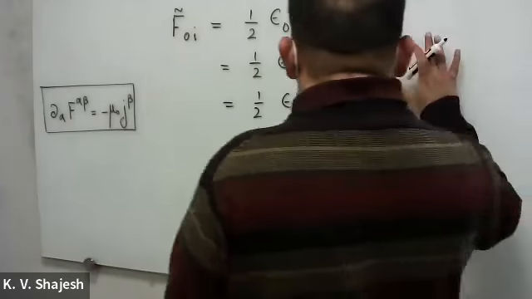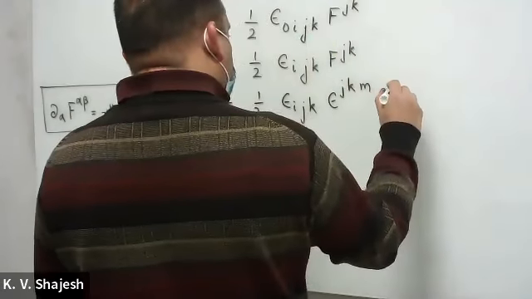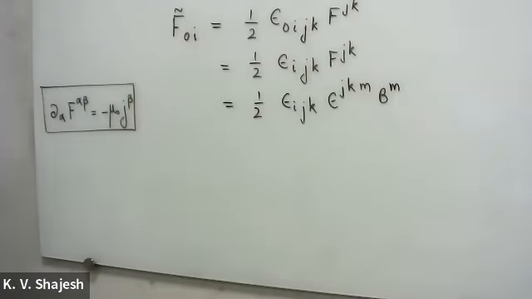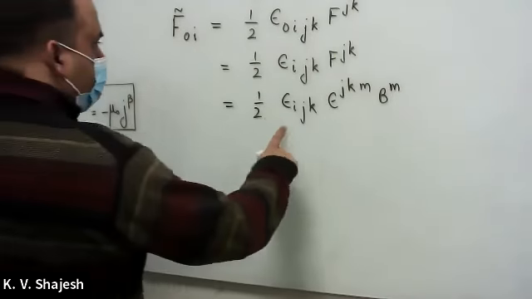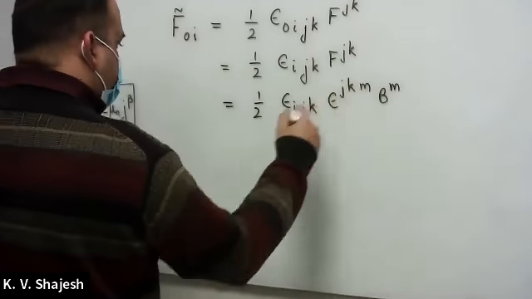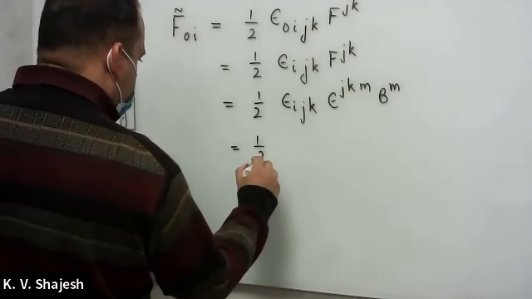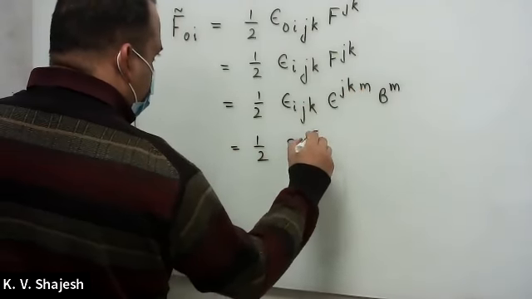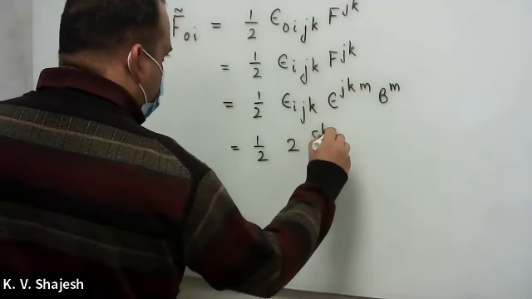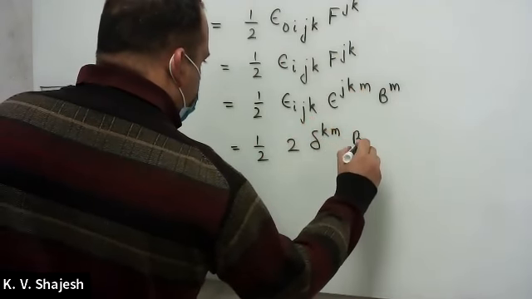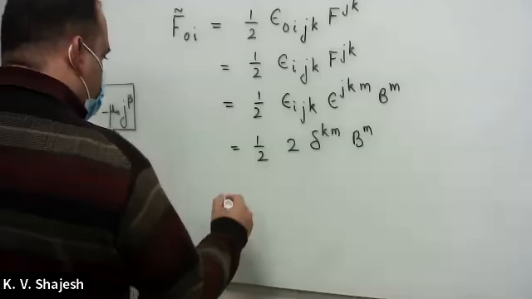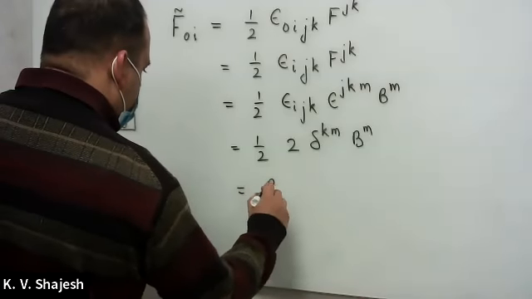I can keep it upstairs because this is all spatial. Then you use the identity here that there's jki, so this is equal to 1/2 times 2 times delta km B m, 2 cancels out.